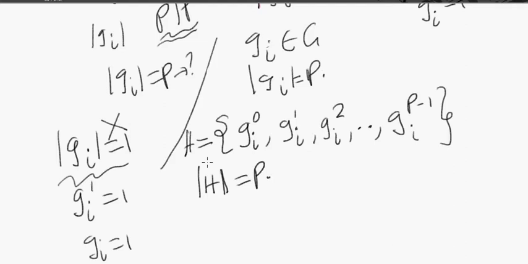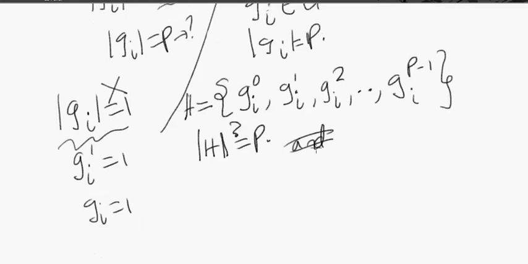How can we determine whether the order of H actually equals p? Maybe ask this question instead. Can the order of H be greater than p? We have 0, 1, 2, all the way to p minus 1.